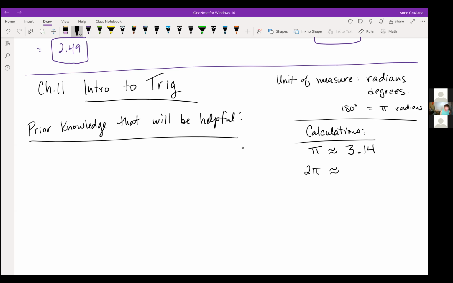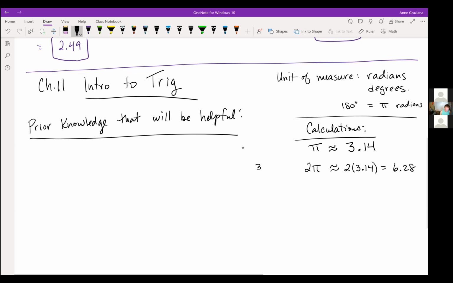So like 2 pi is 2 times 3.14, which if you multiply this, it's 6.28. And all I'm doing there is just multiplying decimals, 2 places, okay? Yes, Nija, thank you for letting me know.